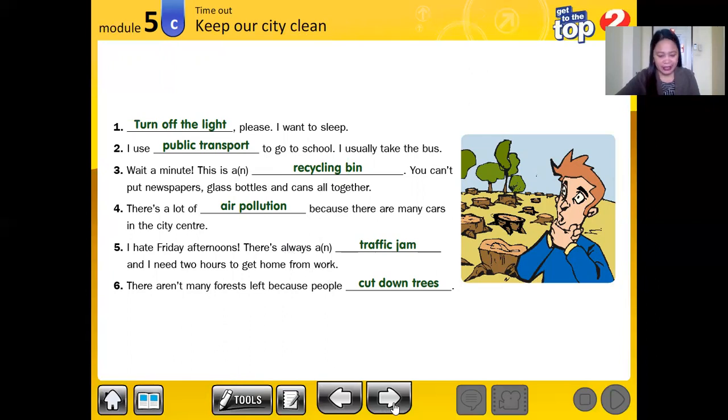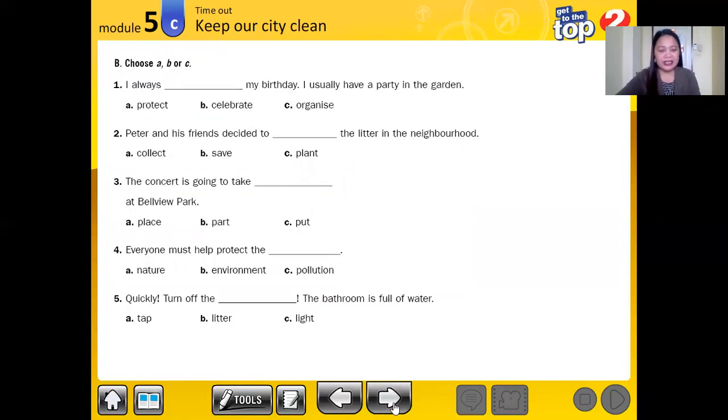All right. Let's move on to the next activity, activity B. So we are going to choose A, B, or C to complete the sentences again. Number 1, I always blank my birthday. I usually have a party in the garden. The answer is celebrate.